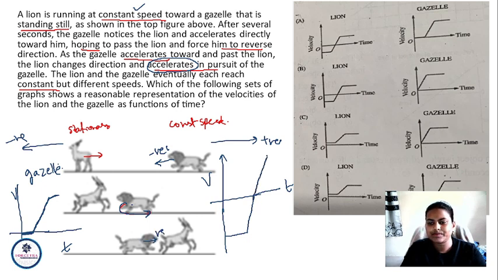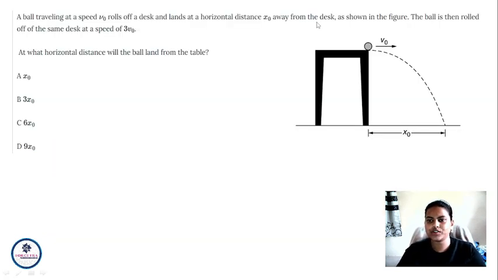And after some time, it will reach a constant speed, for the lion and for the gazelle. So the graph would look like this. Which is the correct option? The one matching is A, so A is the correct option.